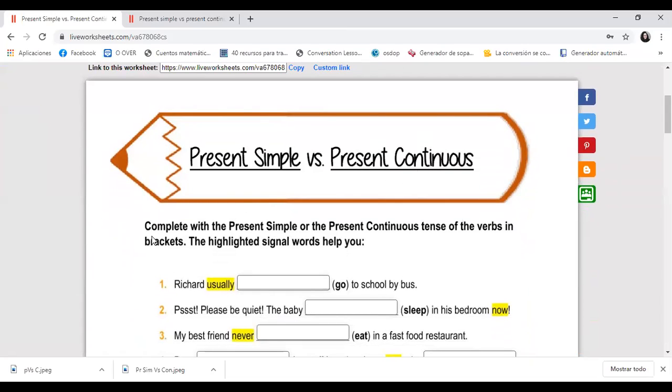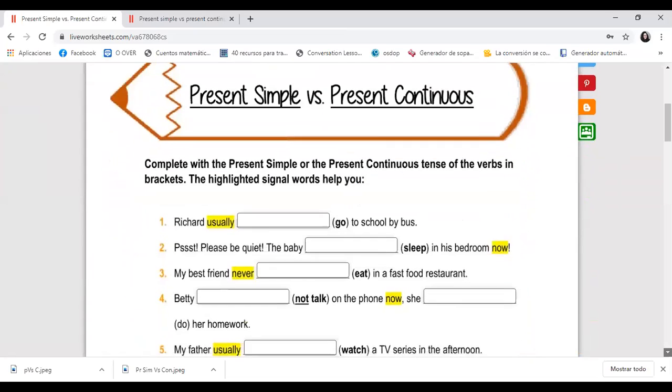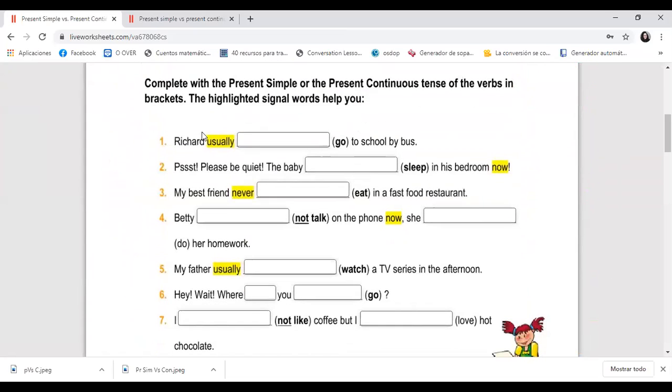The instruction says complete with the present simple or the present continuous tense of the verbs in brackets. The highlighted signal words help you. So pay attention because there are some words that are highlighted in color yellow.